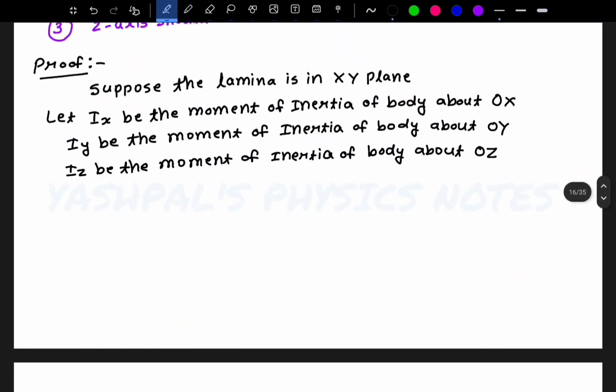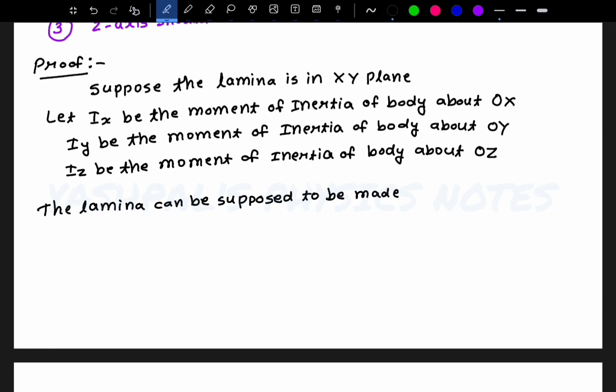So here I am writing: the lamina can be supposed to be made up of a large number of identical particles.